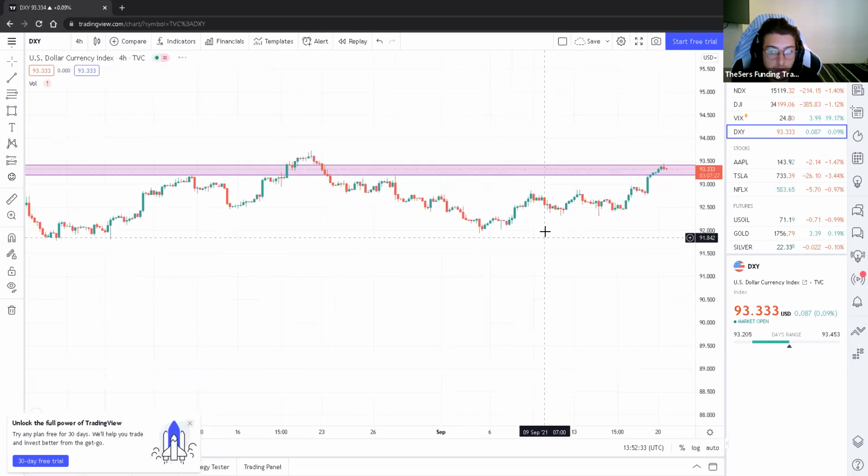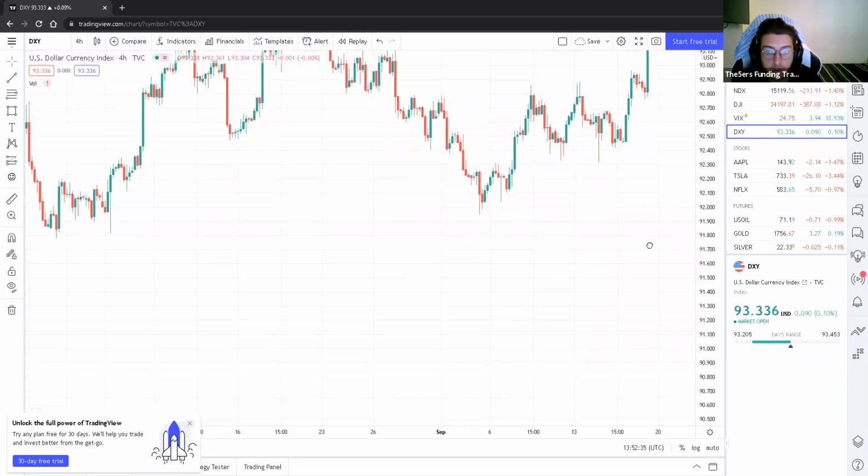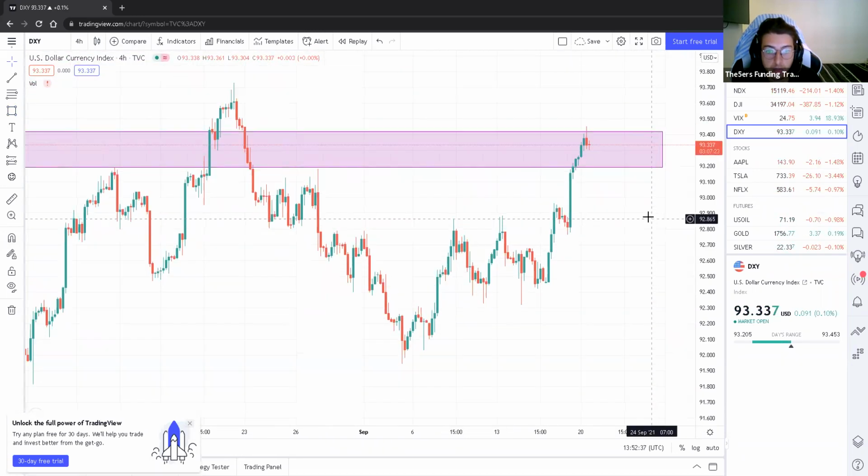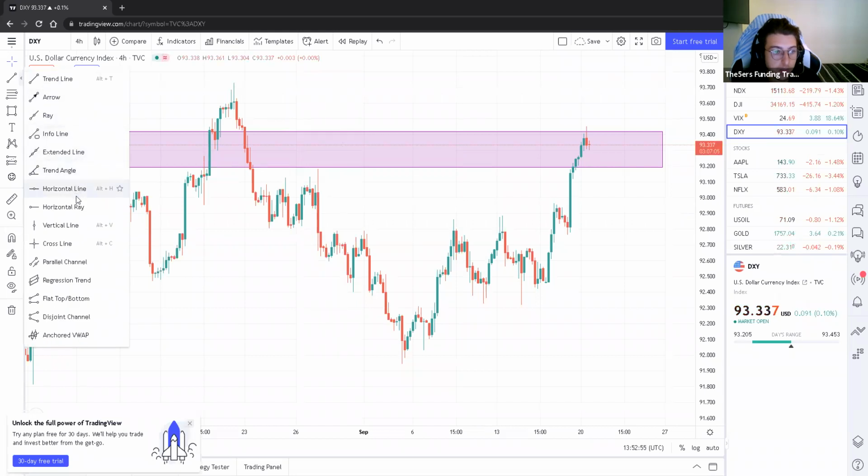And if I go on the H4, the market made a small break here. There is a small opportunity to go on the upside again. There was also this zone here.